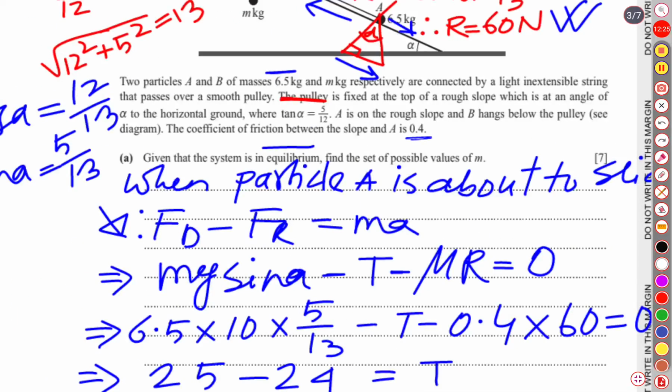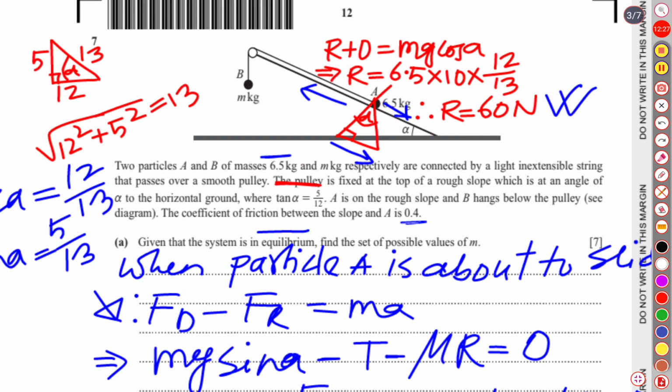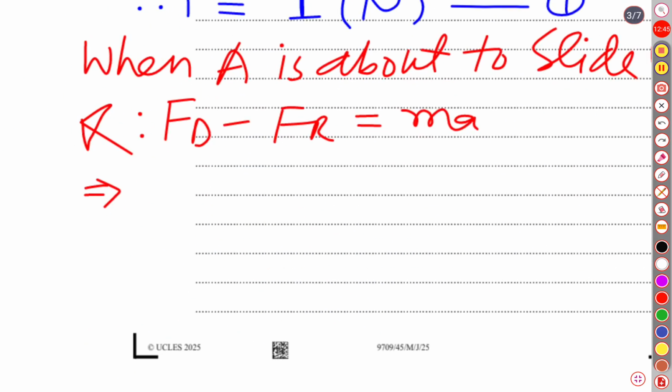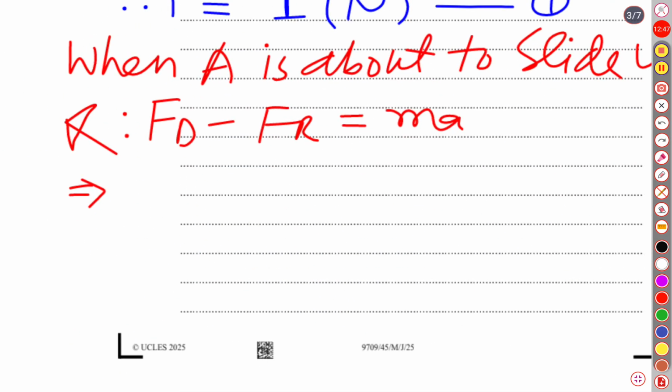Look at this particle, it will move up. So when the particle moves up, the tension is the driving force, and the rest of the forces are trying to slide it downward. So our driving force is the tension in this string, that is tension minus.